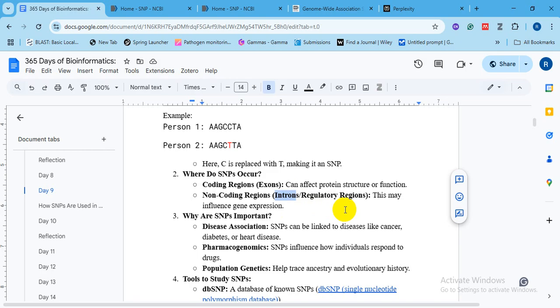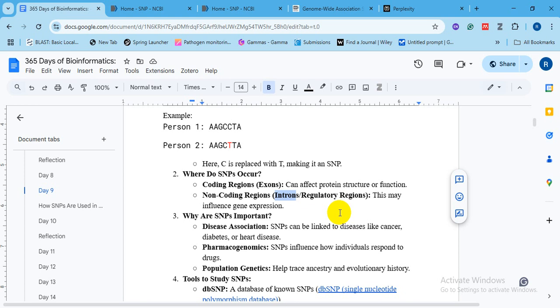So any change, this SNP, when present in these non-coding regions, it may affect the gene expression of the genes around this region. Okay, so what do we understand about it? Number one, the function of introns is not fully understood. Until now, we know that they contain regulatory regions that affect the expression of the surrounding coding regions.